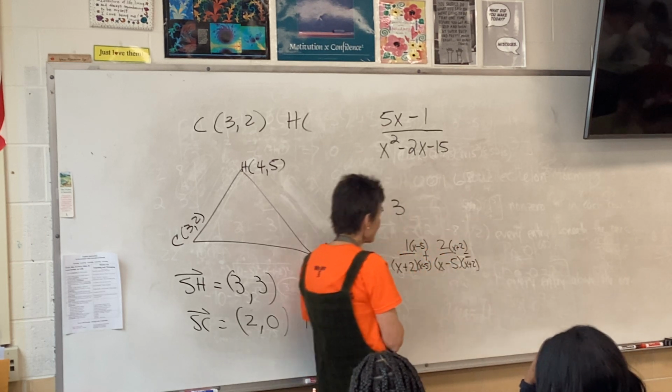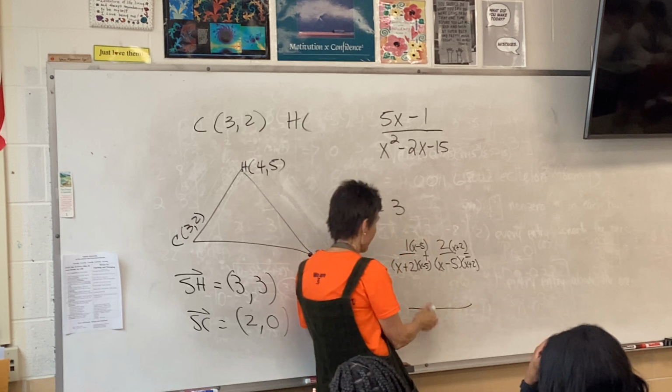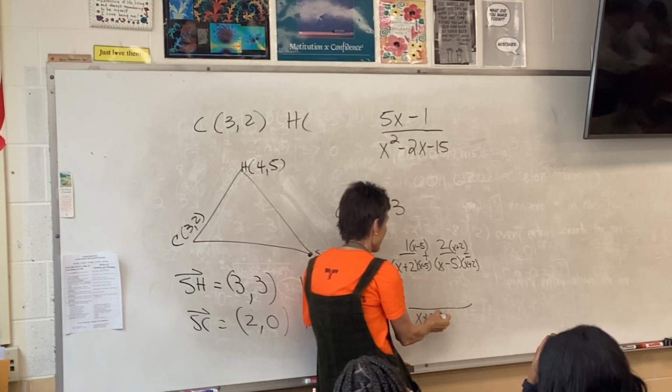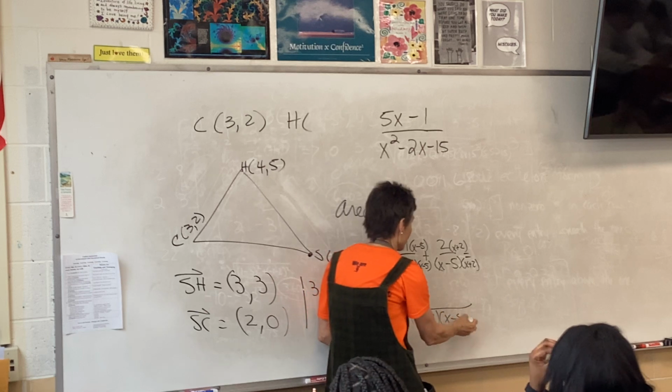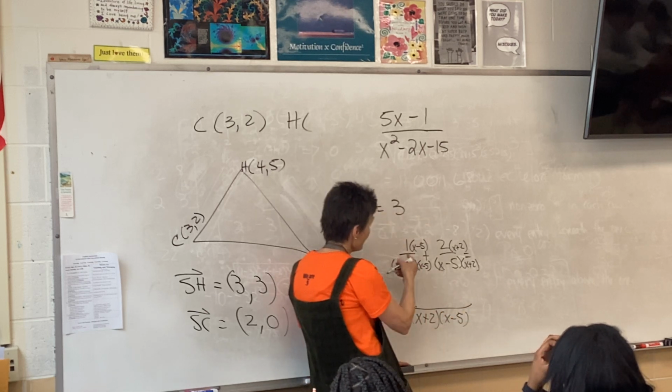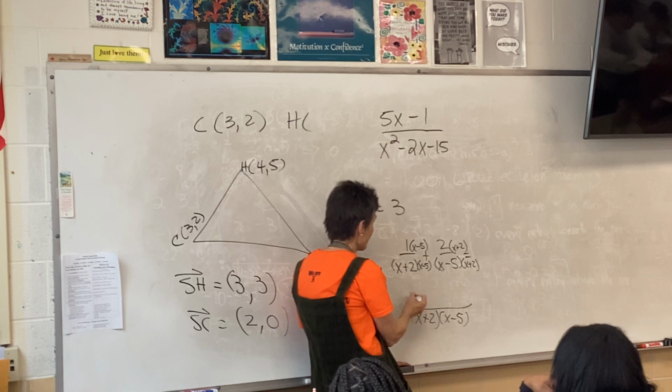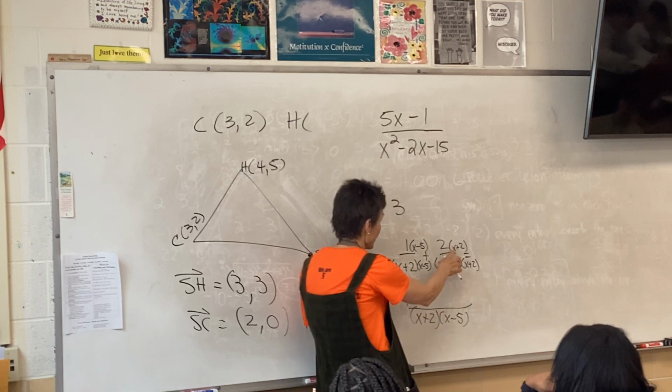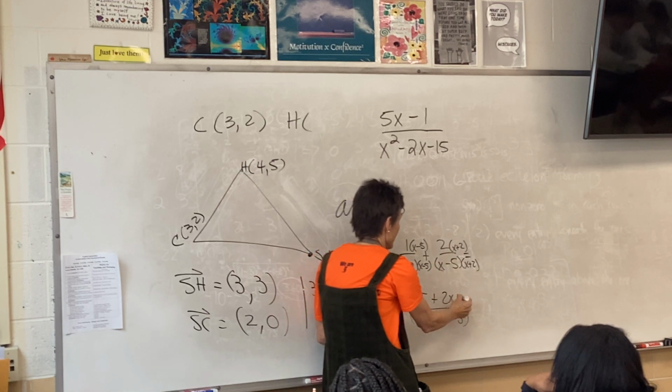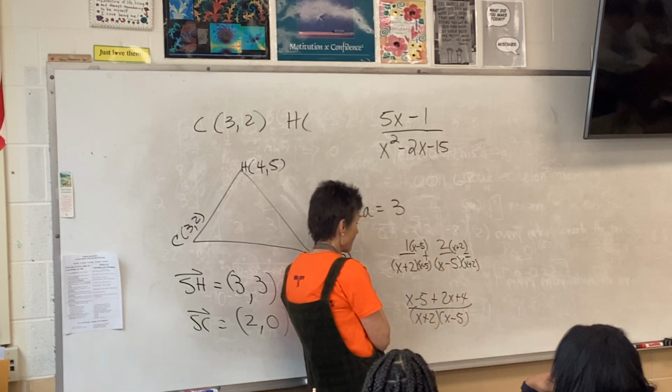If you had to add them together, you would get your common denominator, which would be x plus 2, x minus 5, and then you would take x minus 5 times 1, and x plus 2 times 2.